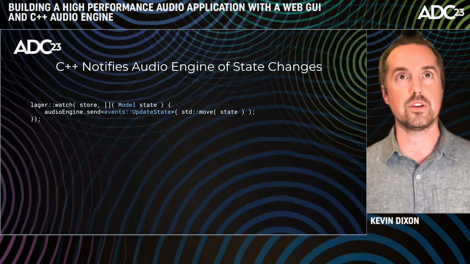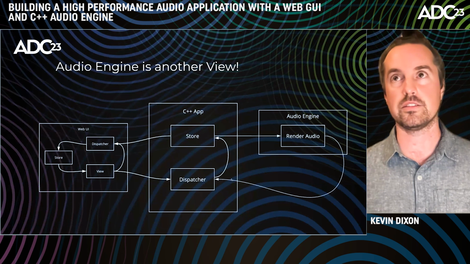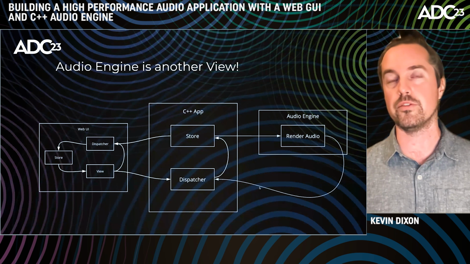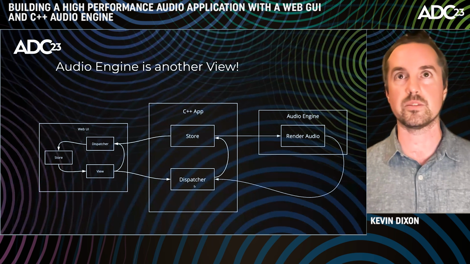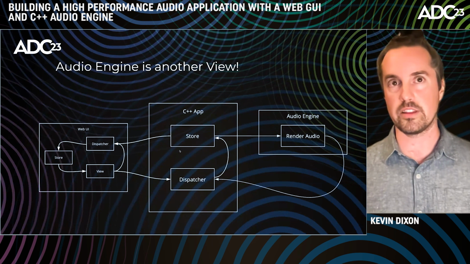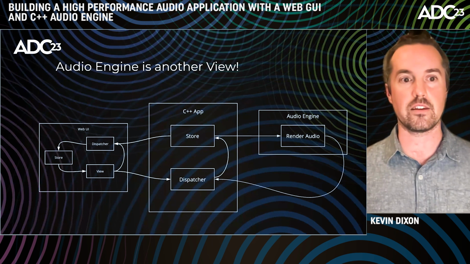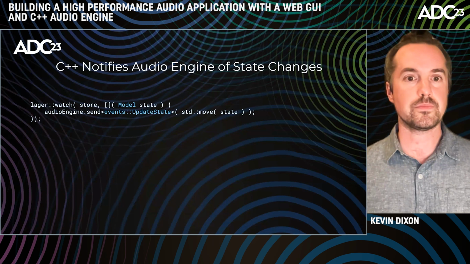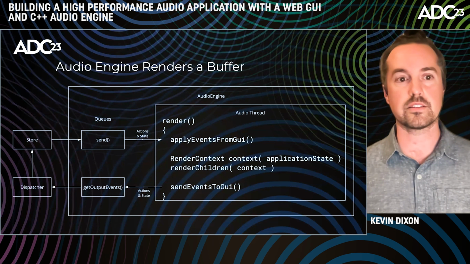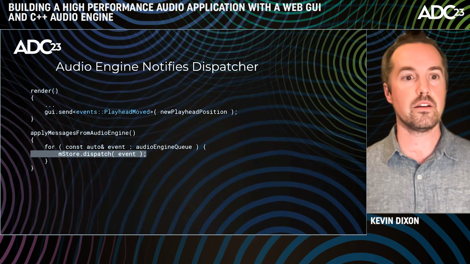If we go all the way back to this slide, you can see that a playhead moved event may go to the dispatcher. It'll be updated in the store, and then the web UI will get the latest update of data there. And so that's the circle of life there.